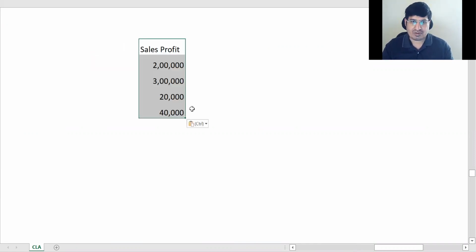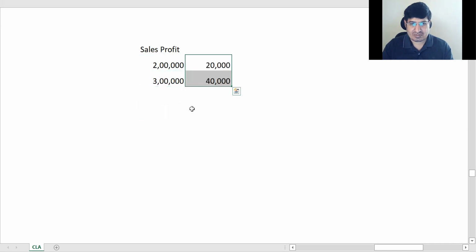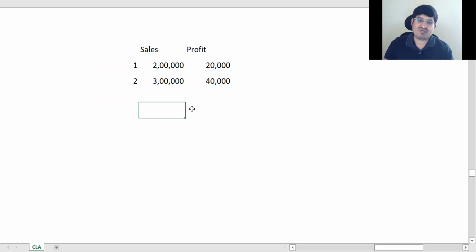Okay, so this is the data which we have. This is period 1, this is period 2. First thing we have to find is PV ratio.